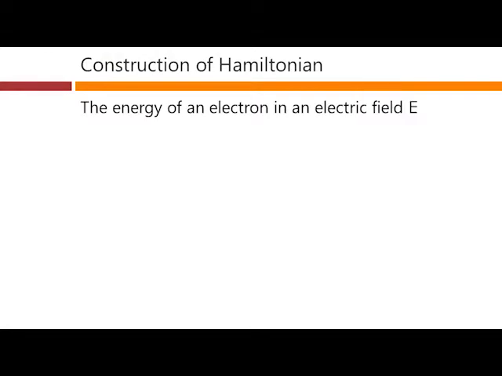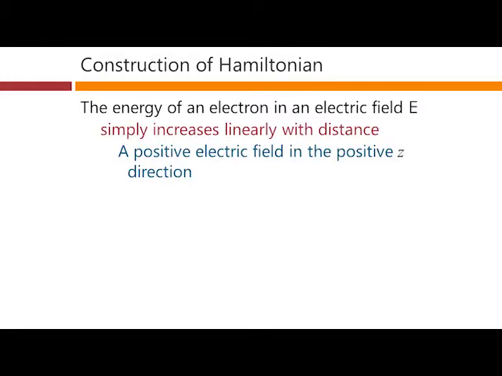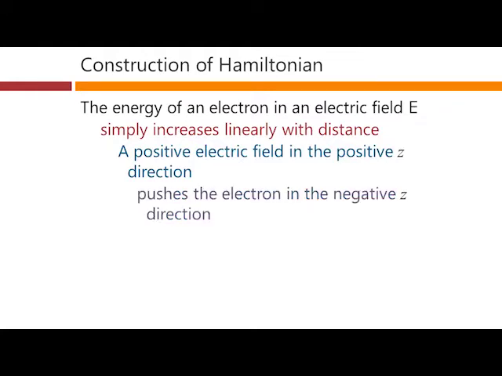So, formally, the energy of an electron in an electric field, capital E here, simply increases linearly with distance. A positive electric field in the positive z direction pushes the electron in the negative z direction. It's pushing it downhill in the negative z direction with a force of magnitude, the electronic charge, times the magnitude of the field.